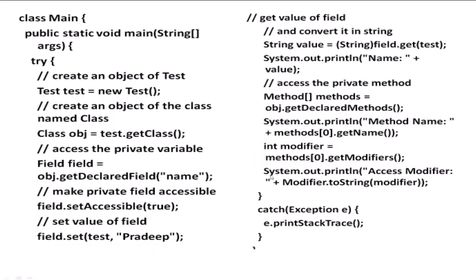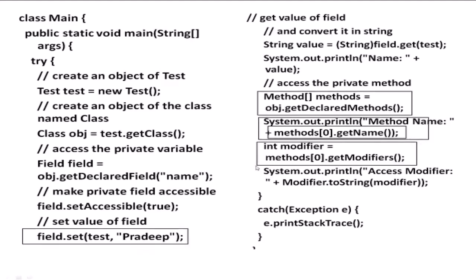So next, here we are using System.out.println for the access modifier toString modifier. Now, if any exception is there, we use a try block. It means the doubtful code we are going to keep in the try block, because those exceptions should be handled.